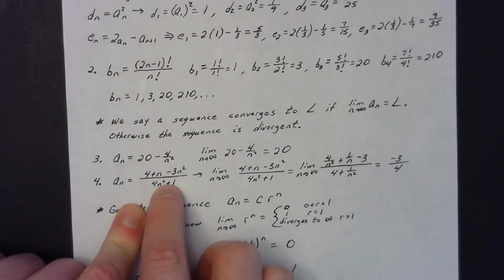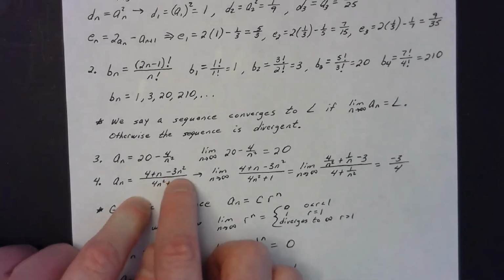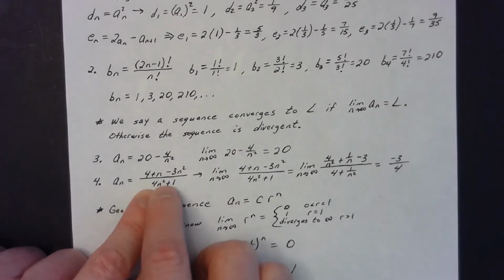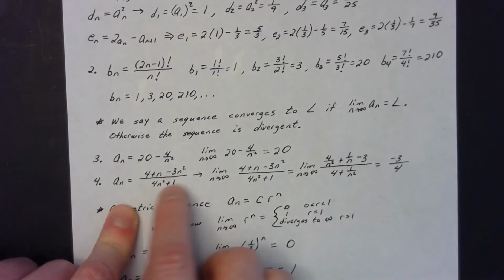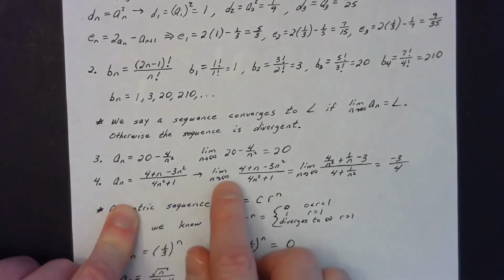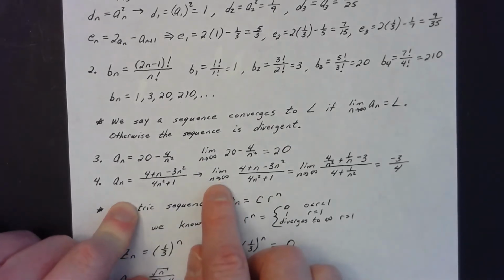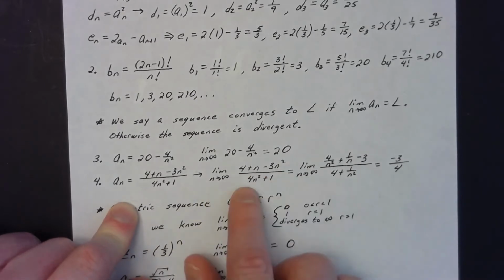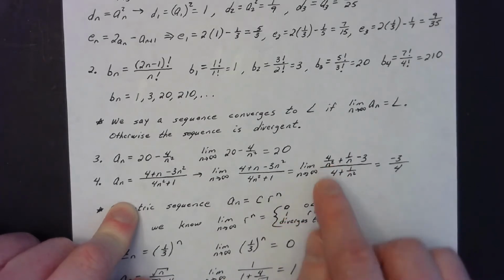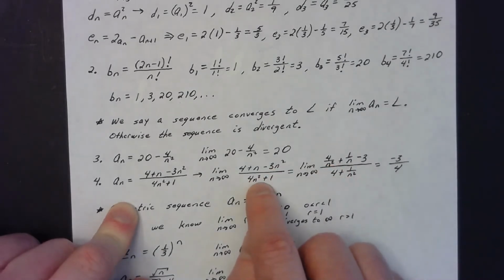Numerator and denominator are both degree 2. So you'd say, well, this is going to have a horizontal asymptote at negative 3 over 4, because that's the leading coefficient of the numerator and denominator. I can see that from this very first step. Well, to show out my work, all we have to do is take a limit as n approaches infinity of the numerator over the denominator. If I wanted to show it algebraically, what you would do is divide by the power of n in the denominator.